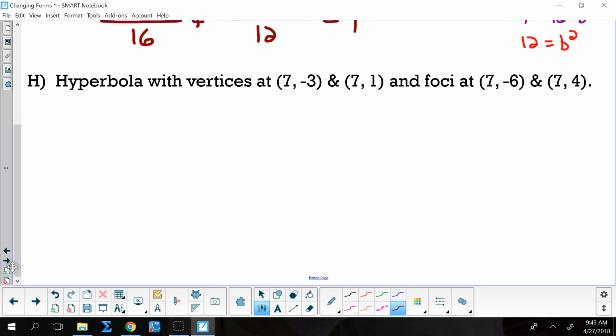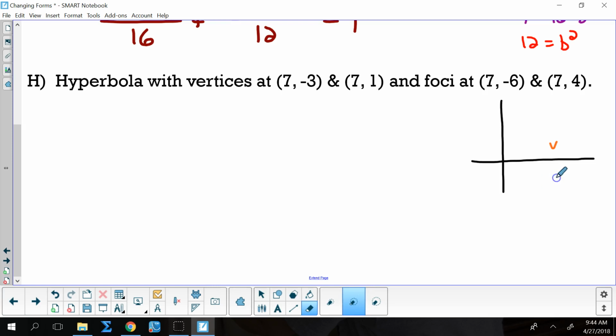So, let's work hyperbola now. I've got a vertex here and here.